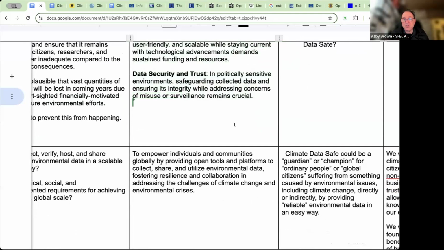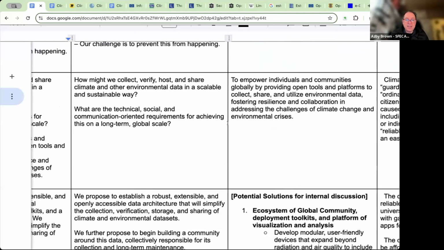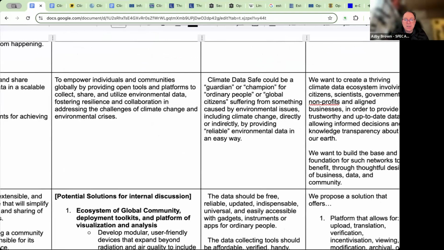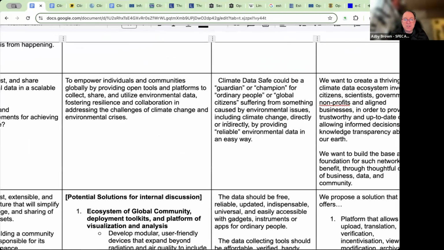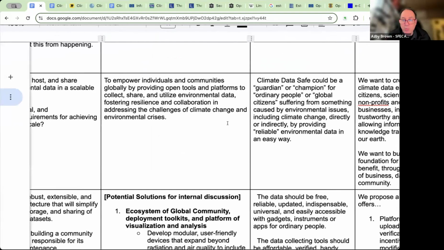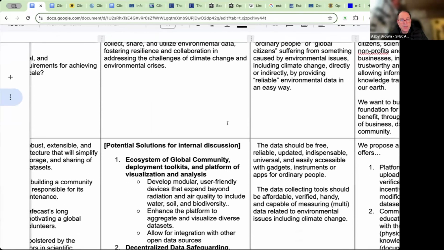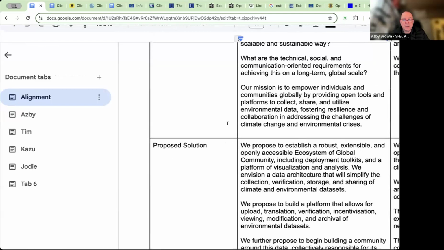or surveillance remains crucial. The next part is the mission part. To empower individuals and communities globally by providing open tools and platforms to collect, share, and utilize environmental data, fostering resilience and collaboration in addressing the challenges of climate change and environmental crises. Over to here, proposed solution.